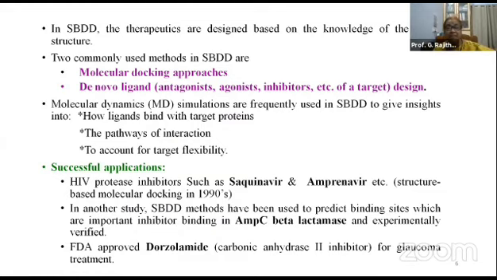In another study, SBDD methods have been used to predict the binding sites which are important for inhibitor binding in AmpC beta lactamase and experimentally verified. And this is also FDA approved. One more application is dorzolamide. This is a carbonic anhydrase inhibitor used for glaucoma treatment. These are successful applications.